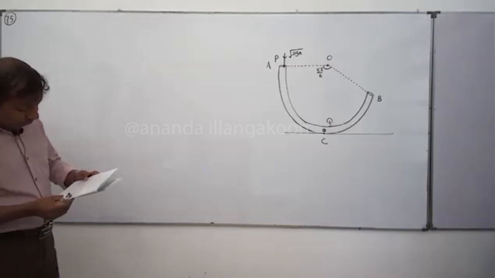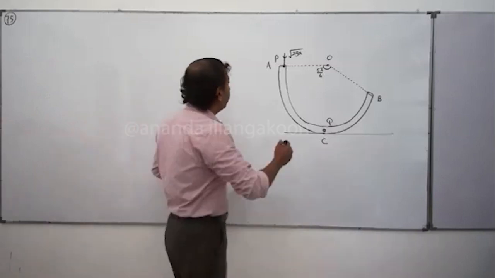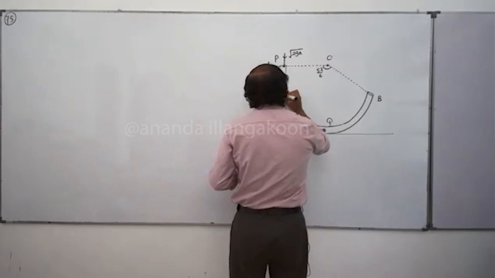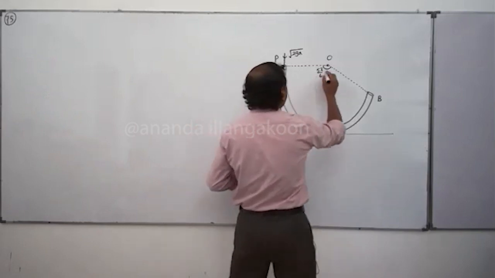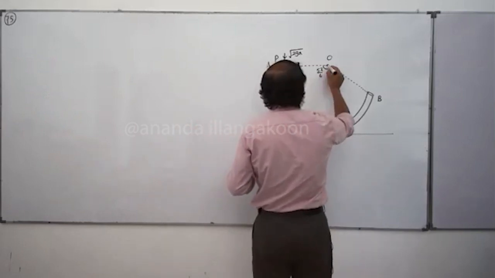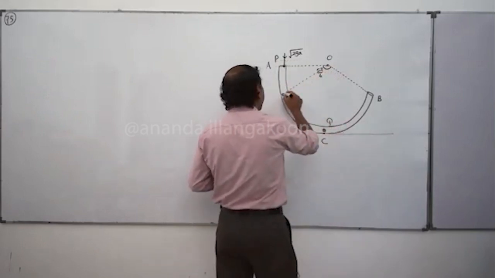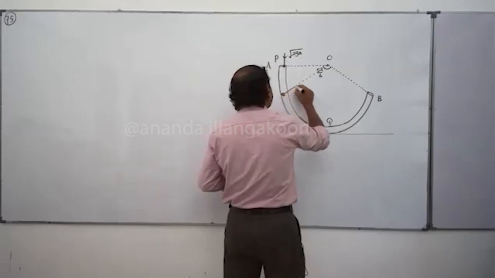Now, what is the first question asking? When OP makes an angle theta with OA. This is the particle P, here is O. On P the normal reaction R acts.